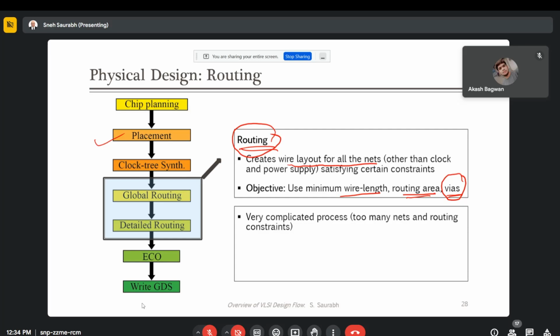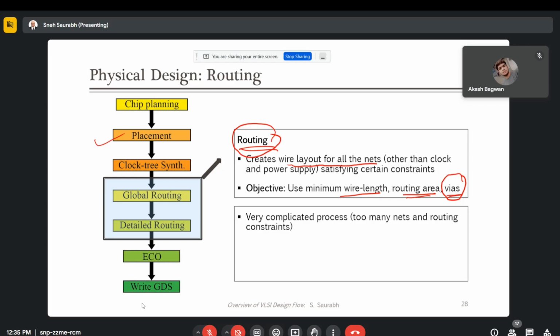For industrial design, it is very common that the routing can take a few days to complete. So you run a tool, you start today, you get the result tomorrow or the day after, and so on. So routing is a very complicated step.